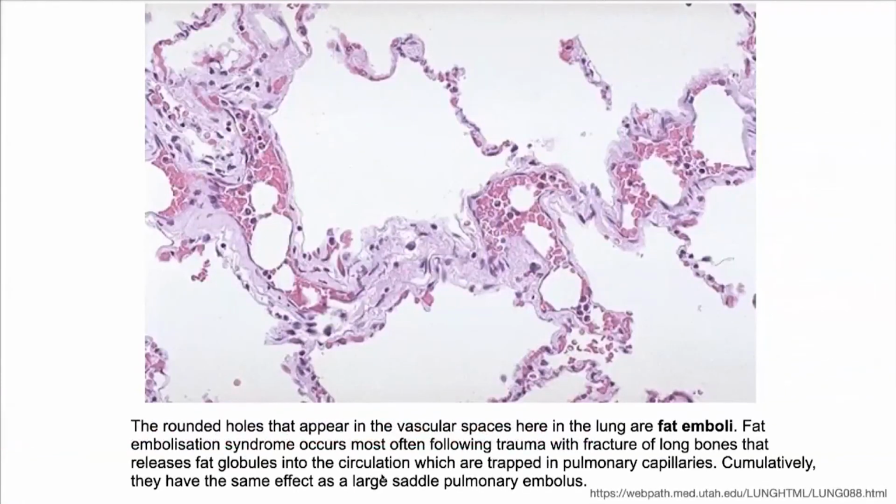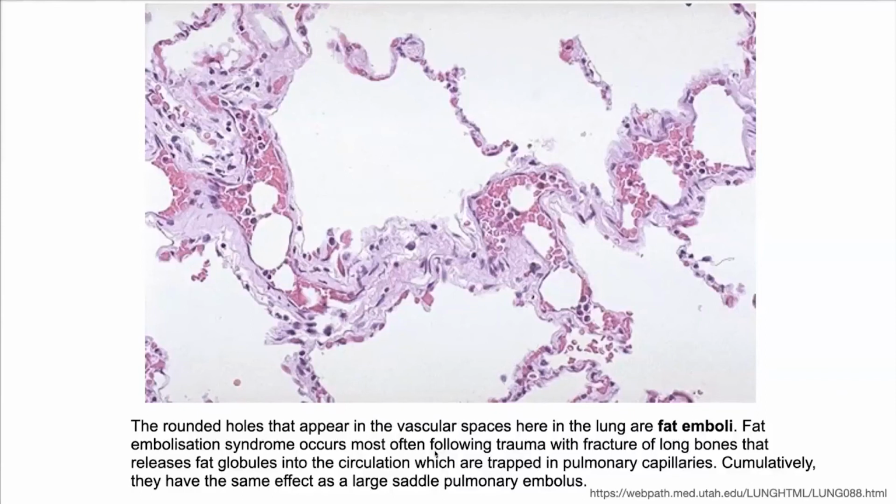This is a microscopic picture of a different cause of pulmonary embolism. We've learned that it's not only blood clots that can embolize to the lung. Here you see the alveolar wall and alveolar space, and within it there is a clear area.